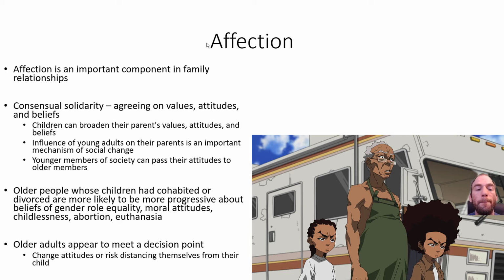Older adults appear to meet a decision point, change attitude, or risk distancing themselves from their child. So here we see this impact of social dynamics between children and their parents, wherein younger adults influence their parents' values and attitudes, possibly contributing to changes.